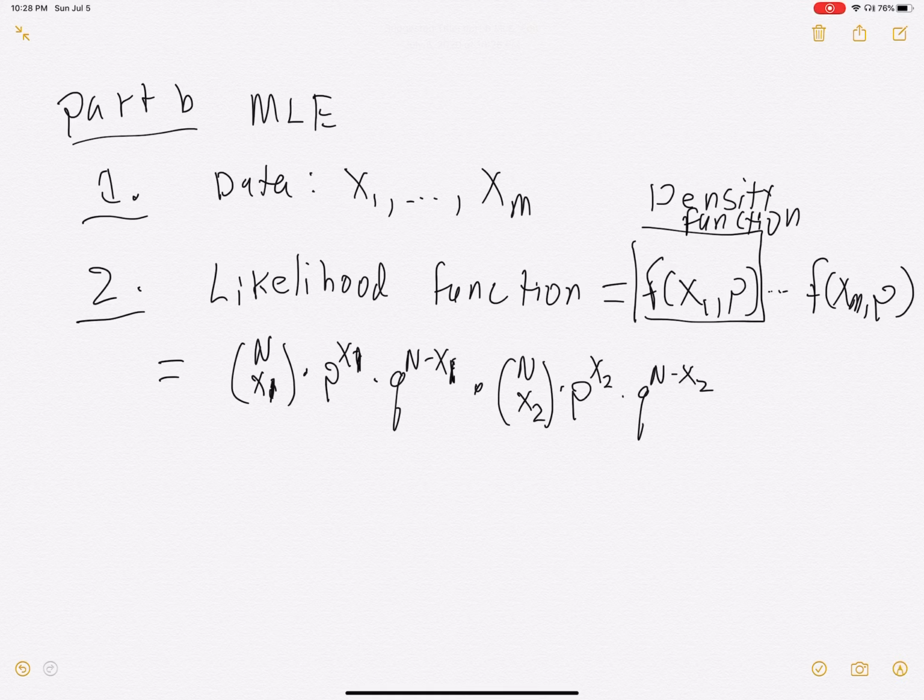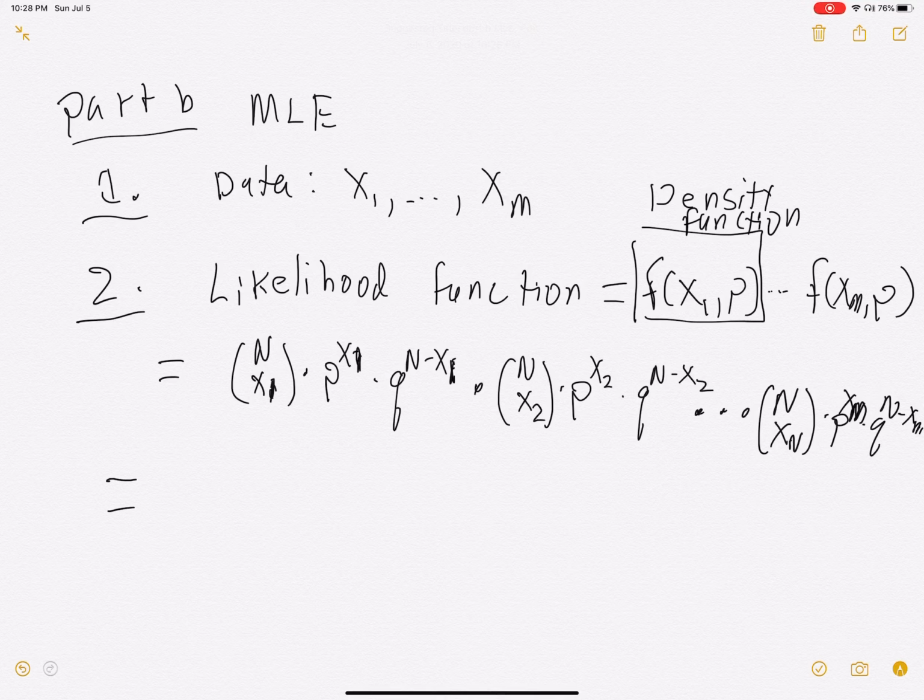And we're going to keep going like this, all the way to q to the n minus x sub m.